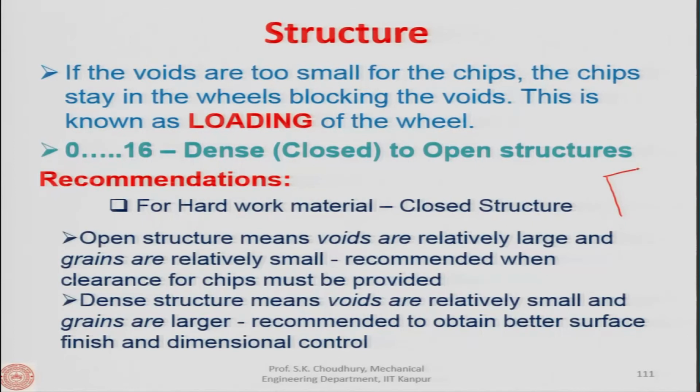Suppose we have the grinding wheel like this, and the glazed layer or the loaded layer will be on the top. This is the grinding wheel axis, and the wheel is rotating. These are the grains.